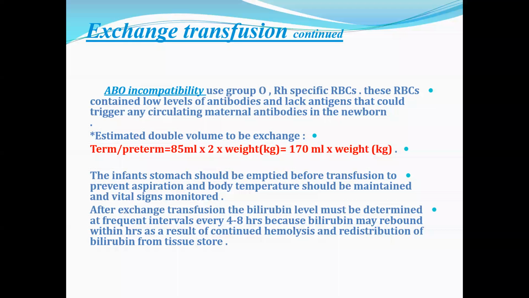So RH here is not negative, and these infants can use O blood group, O positive, by the RH of the baby, the same RH of the baby, not the RH of the mother as in the case of RH negative.